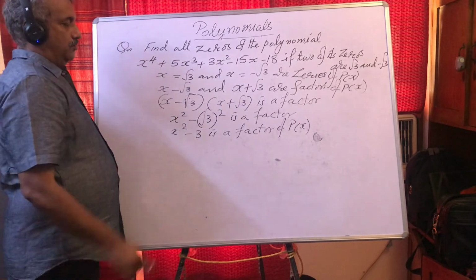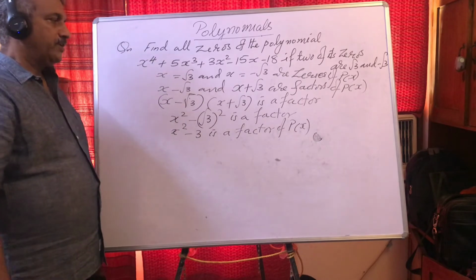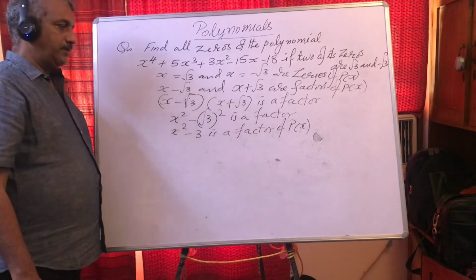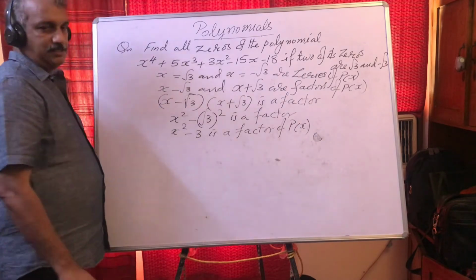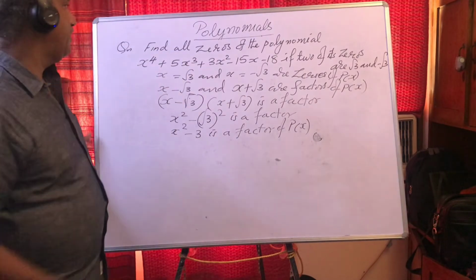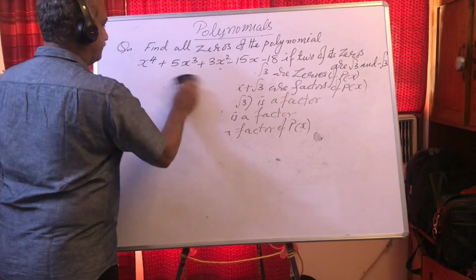When you simplify by using third identity, a plus b into a minus b is equal to a square minus b square, we get x square minus 3 is a factor. Now we'll divide this polynomial by x square minus 3.